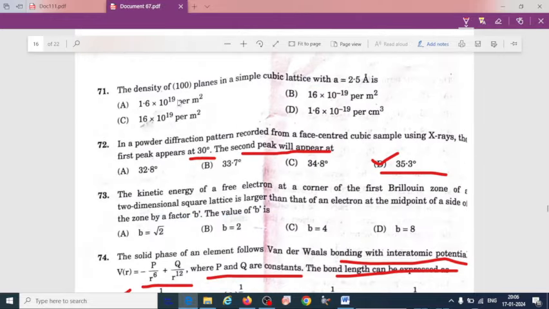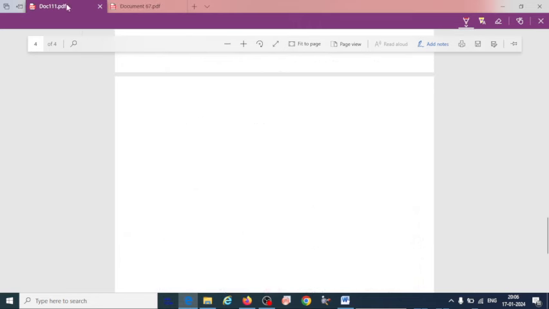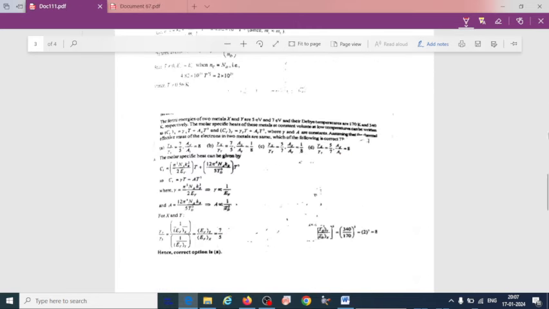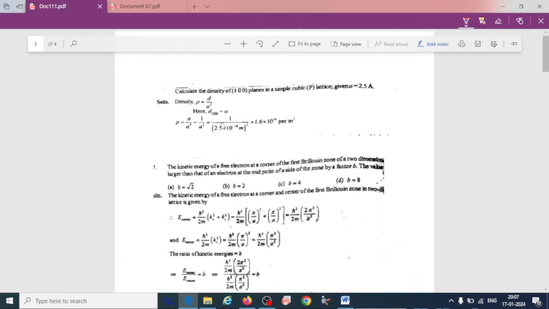The density of the 100 plane in a simple cubic lattice with lattice constant a equal to 2.5 angstrom. We have to find the density of this 100 plane.